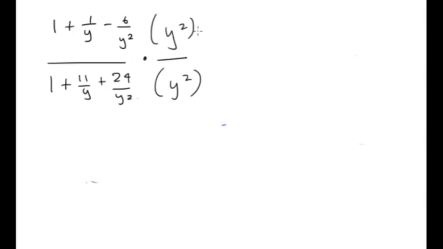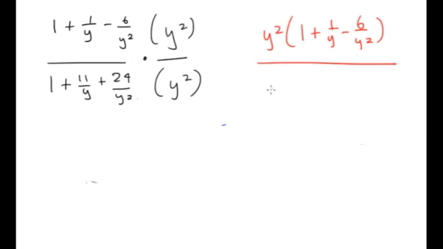So when we distribute this y squared, let me write this in another way. We have y squared times 1 plus 1 over y minus 6 over y squared, over y squared times 1 plus 11 over y plus 24 over y squared. This is just another way of looking at it. This is equivalent to that.